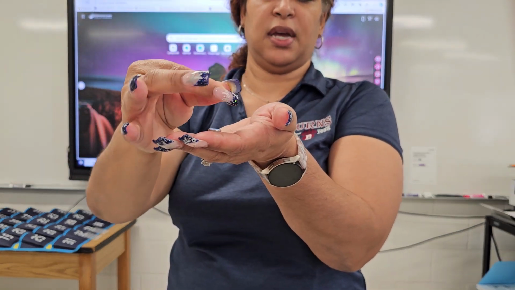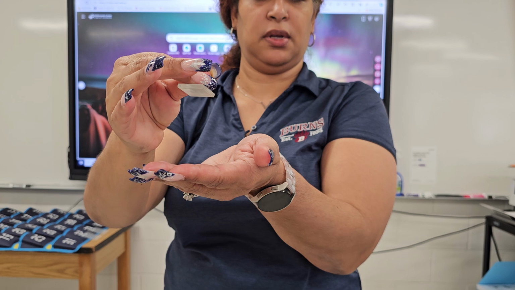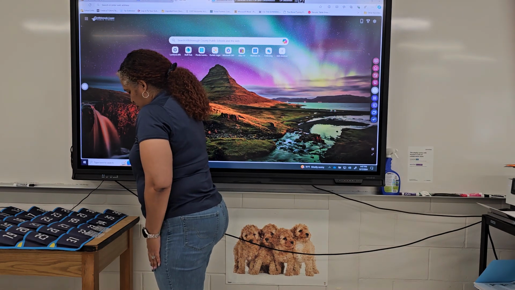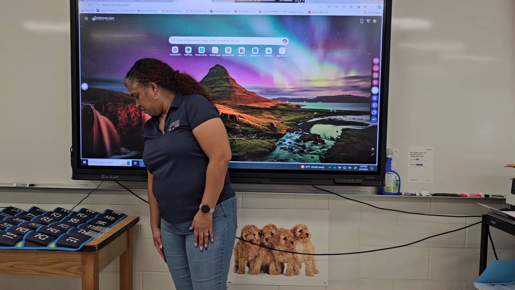The closer you get to the magnet, it immediately pops up. So again, non-contact forces are distance dependent. The closer they are, the stronger they are.